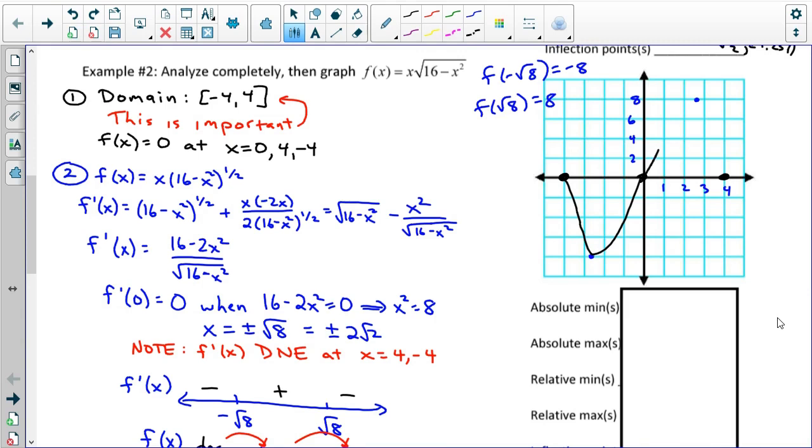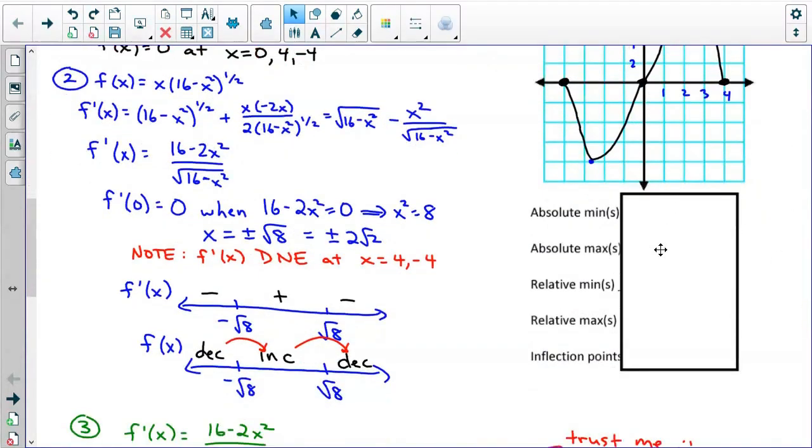It then becomes concave down, and that ends up being kind of what my graph looks like. You can check it on Desmos to make sure it's actually accurate, but we are expected to be able to graph these things now by hand.